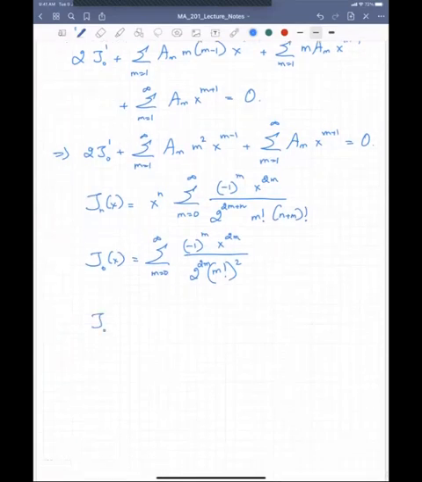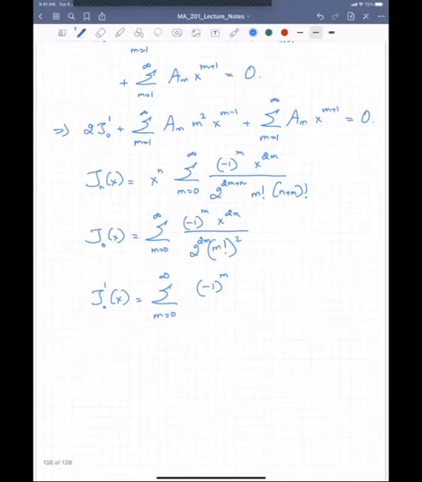So J0 prime of x would be the sum of minus 1 to the m; if I differentiate x to the 2m, I bring down a factor of 2m, which cancels one factor of 2m below. So I get x to the 2m minus 1 divided by 2 to the 2m.